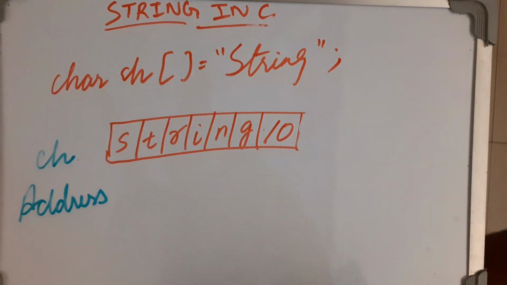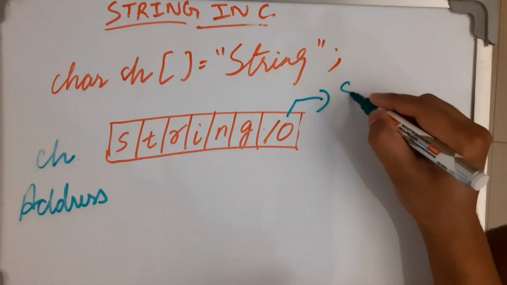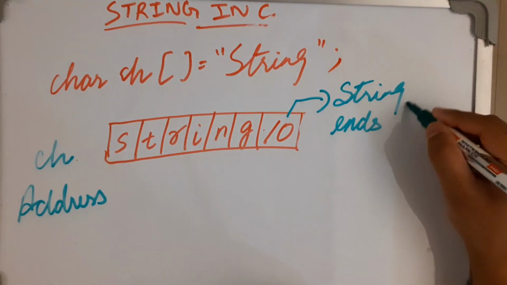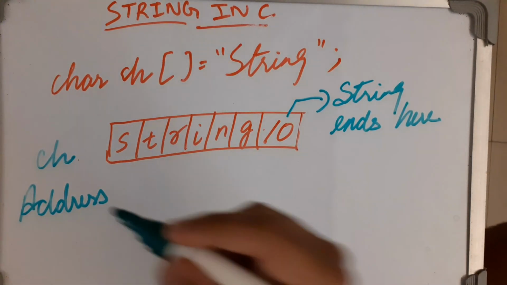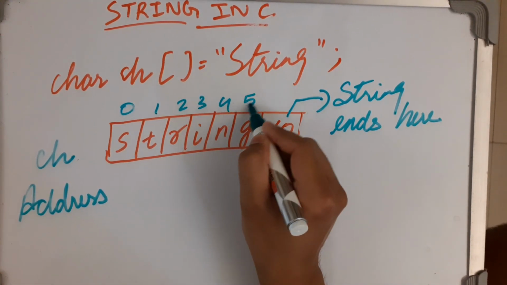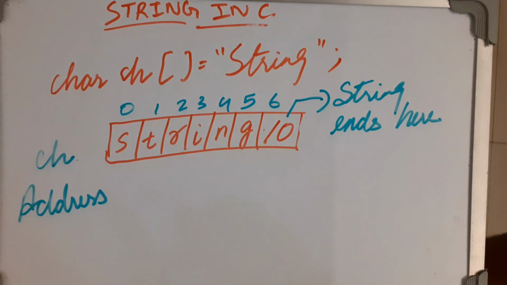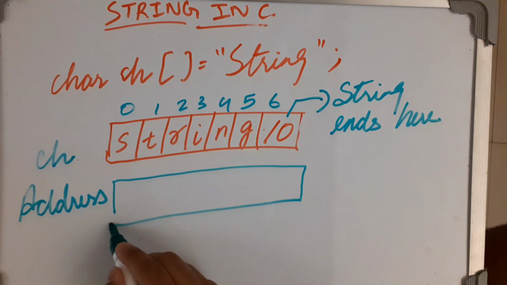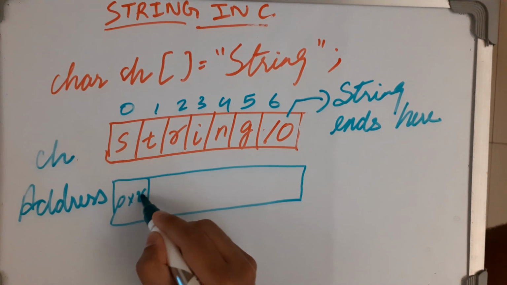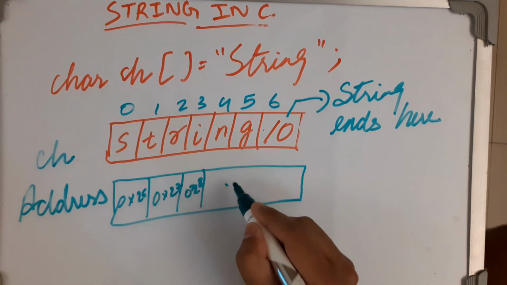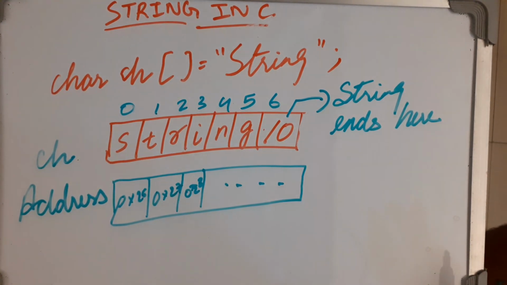This shows that string ends here. It also has an index value for each character: 0, 1, 2, 3, 4, 5 and 6th. Now let us talk about address. Every character will have an address like 0x26, 0x27, 28 and further, and so on. It allocates memory like this.